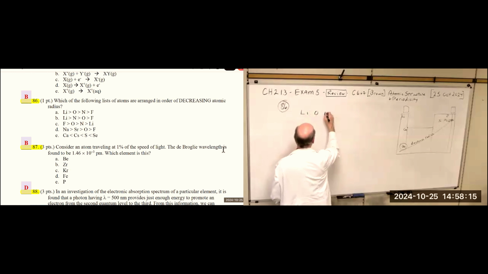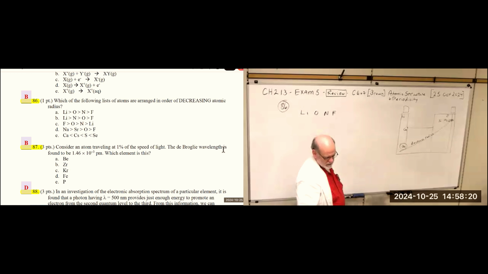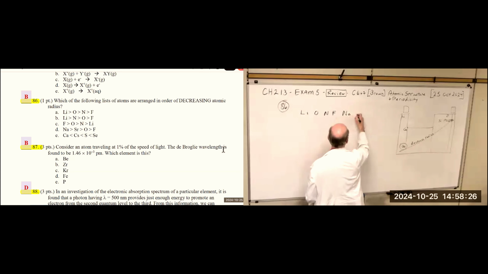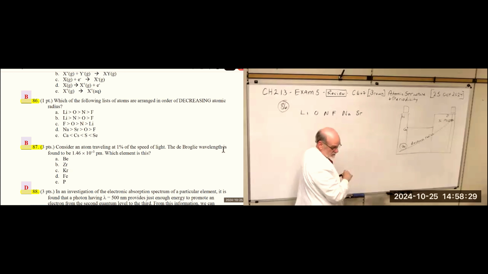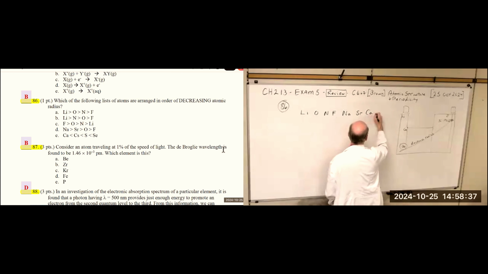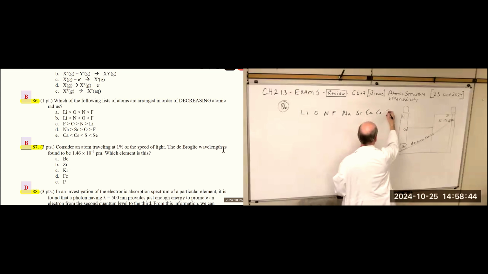Sodium, strontium. Already got fluorine and oxygen. And then calcium, cesium, sulfur, and selenium. Okay.